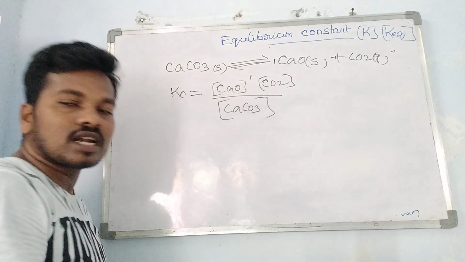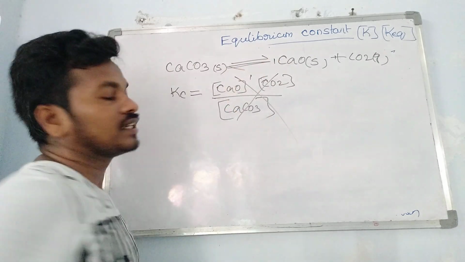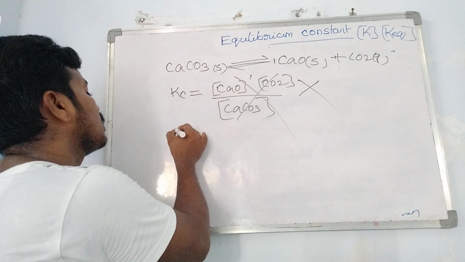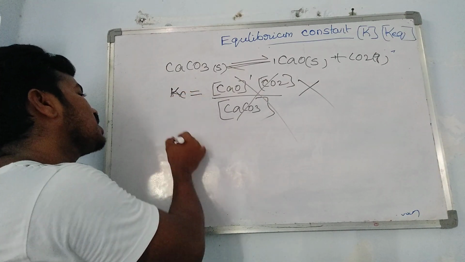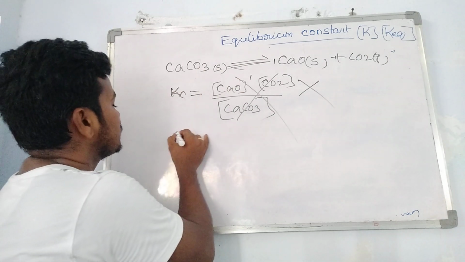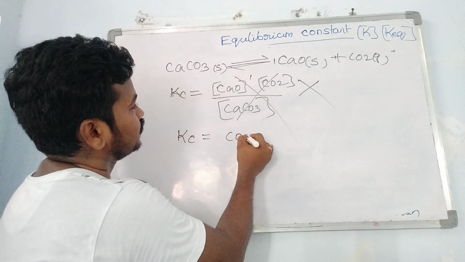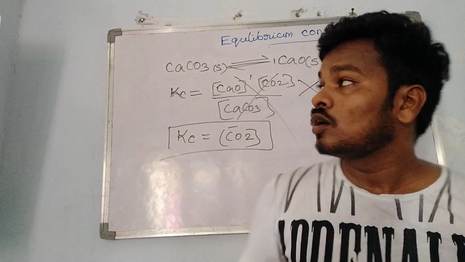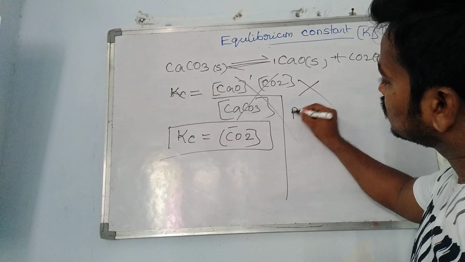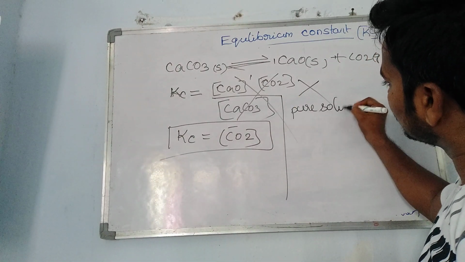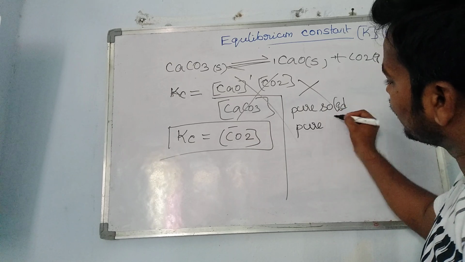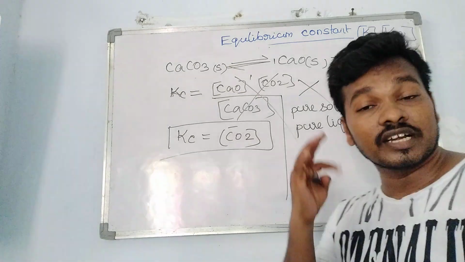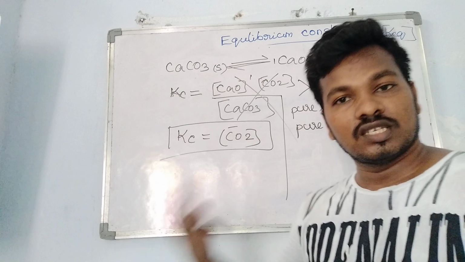Generally we will write like this, but if you write this equation completely, it is wrong. This is not the correct expression for the equilibrium. Why? Just now I said product upon reactant, and the same thing we have written. But here the answer will be only CO2. What happened? Before I said that pure solids and pure liquids are not included in the equilibrium expression, because their concentration does not change. Only species whose concentration changes are included.